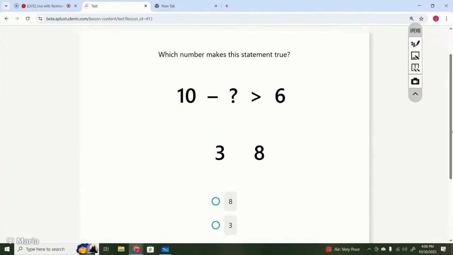First one is find which number makes the statement true. 10 minus the missing number is greater than 6.